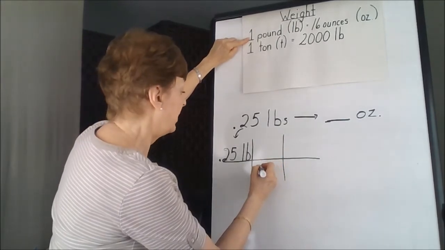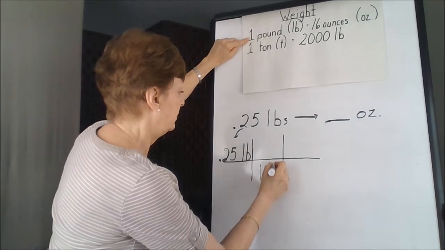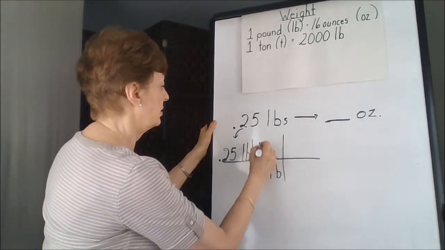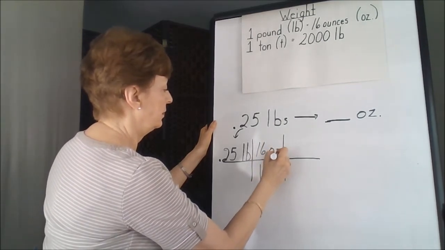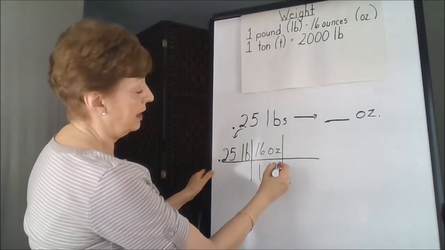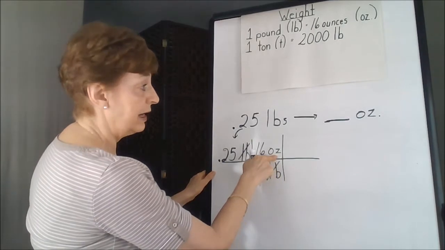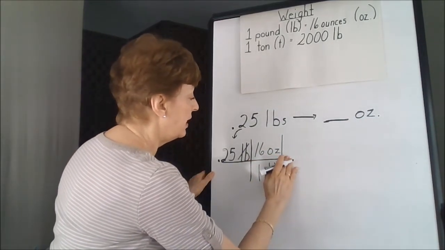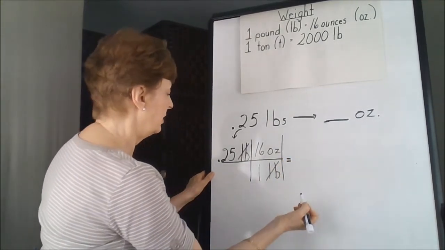So 1 pound is the same as 16 ounces. All right, our labels eliminate. We are already at the ounces, which is what we need, so this box part is done. We're ready for the calculation.